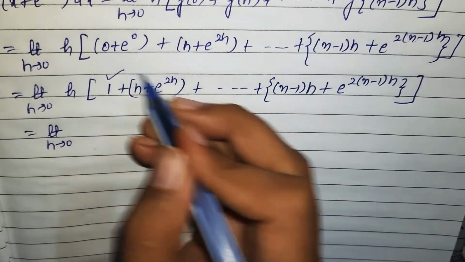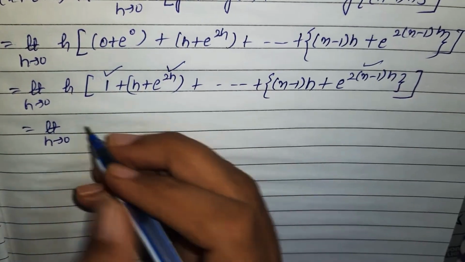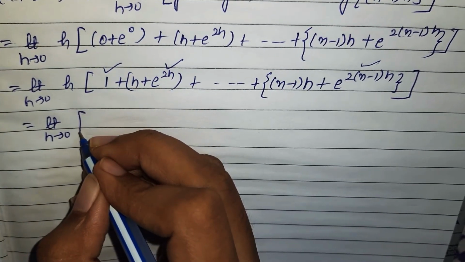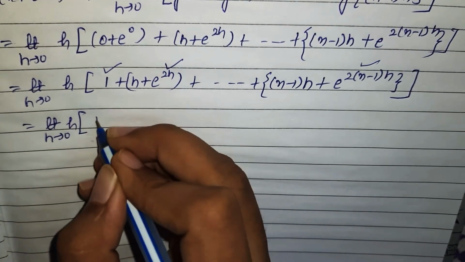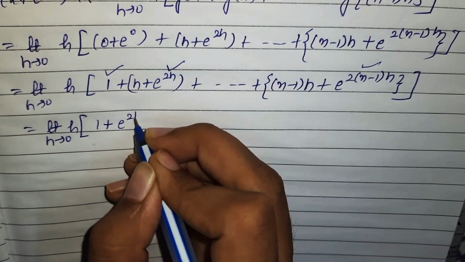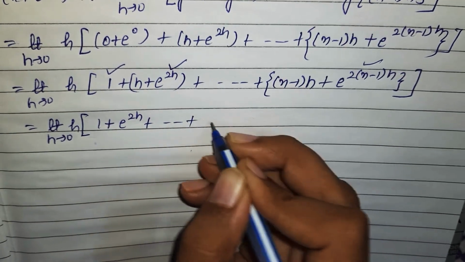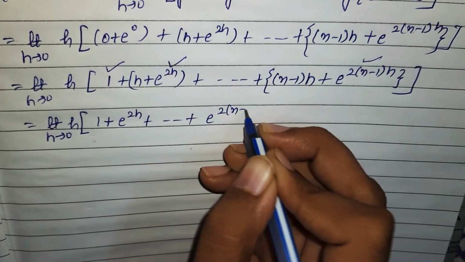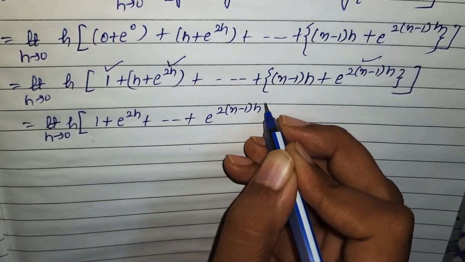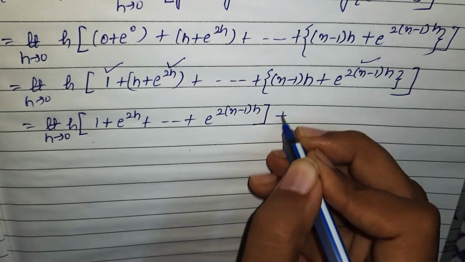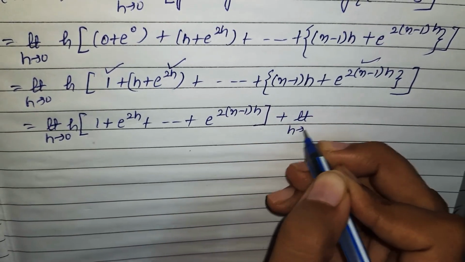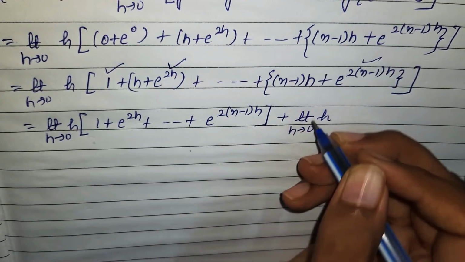Okay, I am taking this term together, so I will be getting 1 plus e raised to the power 2h, e raised to the power 2(n minus 1)h. Okay, plus limit h tends to 0, I am writing again, or you can continue here also.